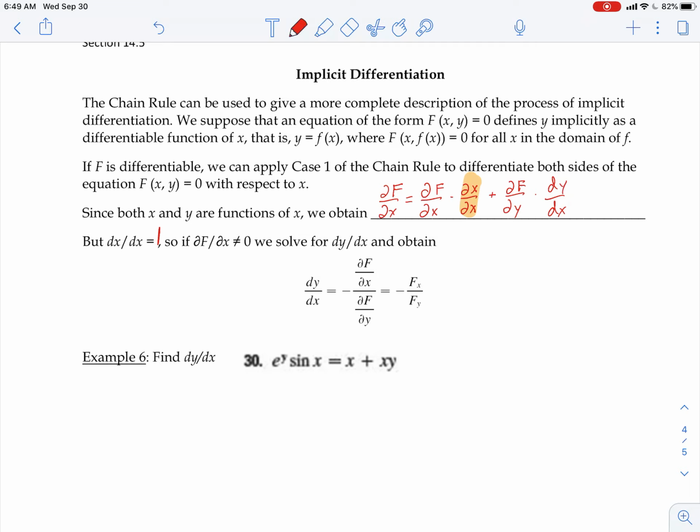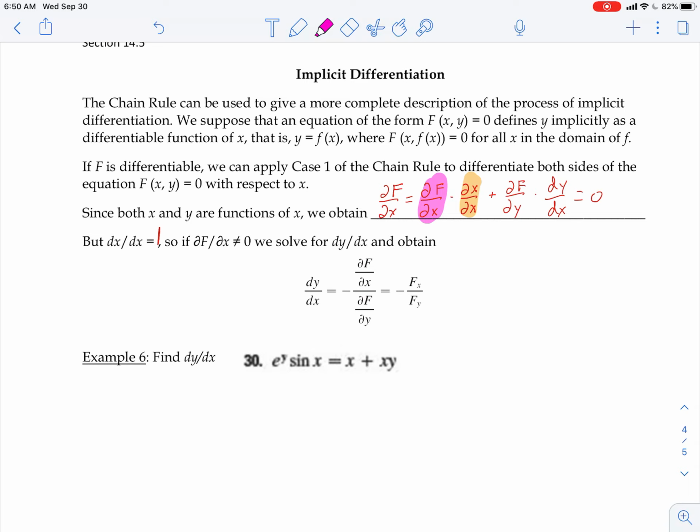So solving for dy dx, what's going to happen is this is 1, so that goes away. And if this whole thing is equal to 0, then I can just move the partial of F with respect to x to the right side. So I have to subtract that, so minus the partial of F with respect to x, divided by, because I want to get this by itself, the partial of F with respect to y.